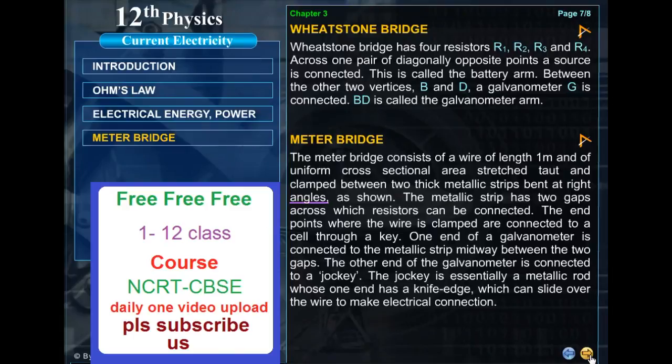One end of a galvanometer is connected to the metallic strip midway between the two gaps. The other end of the galvanometer is connected to a jockey. The jockey is essentially a metallic rod whose one end has a knife edge which can slide over the wire to make electrical connection.